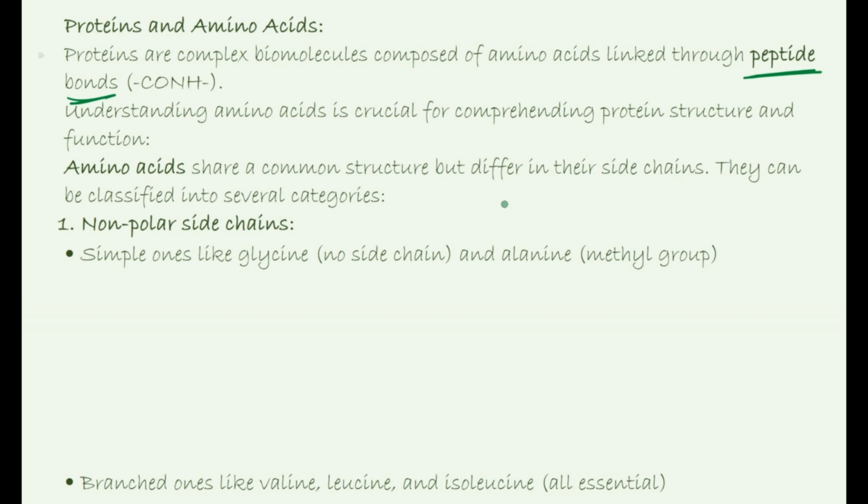Let's say you have a carboxylic group and an amine group, COOH and NH2. What will happen? OH from here and hydrogen from here get removed, remaining CONH. That is what the peptide bond is.